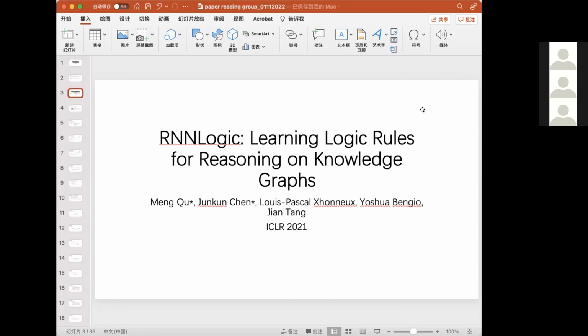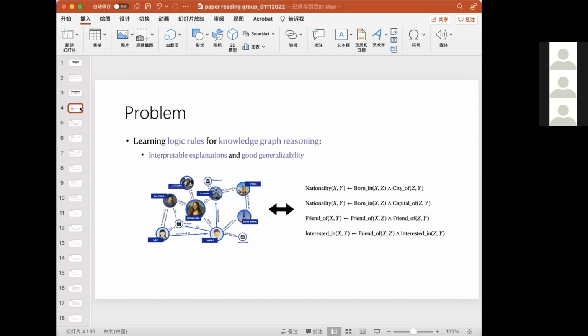This paper was published in ICLR 2021. It targets the problem of learning logical rules for knowledge graph reasoning.